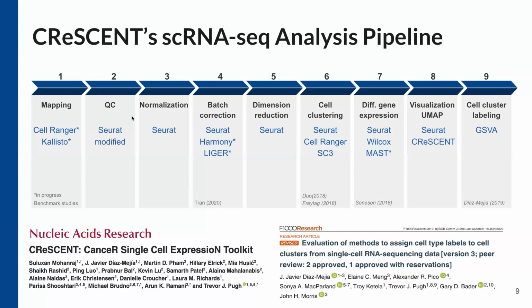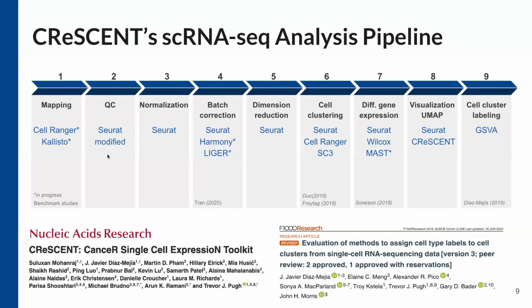But what comes out of Cell Ranger and mapping is very interesting, because essentially you just get a gene by cell matrix, and those matrices usually have a lot of zeros, so we can condense that matrix down and upload a really small zip file into Crescent. So the first step that Crescent takes care of is QC. You will set your different QC parameters.